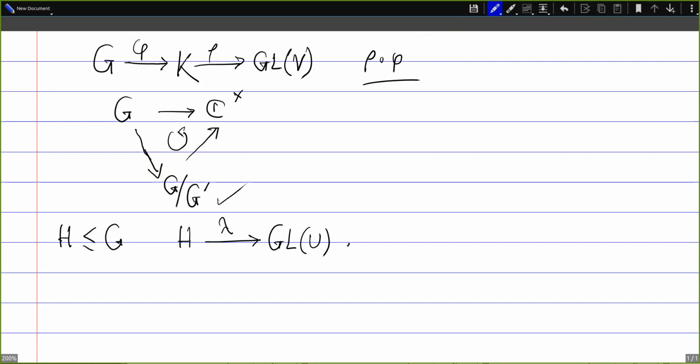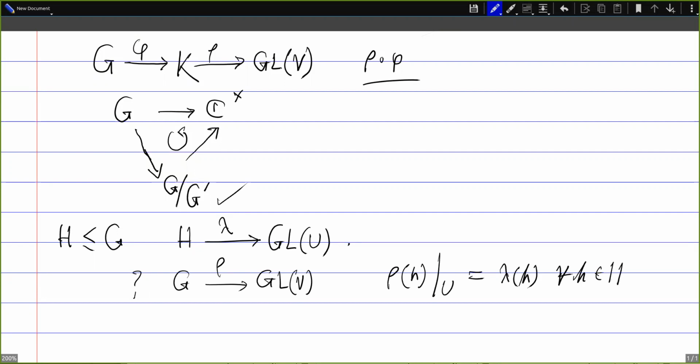That is, can we extend this to a representation rho of G such that rho restricted to H on U coincides with the earlier one for every h in H?